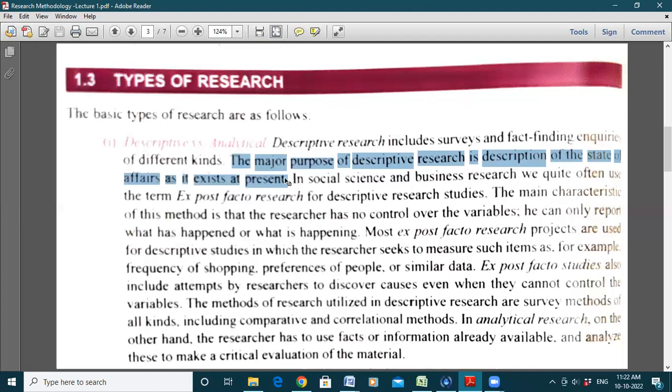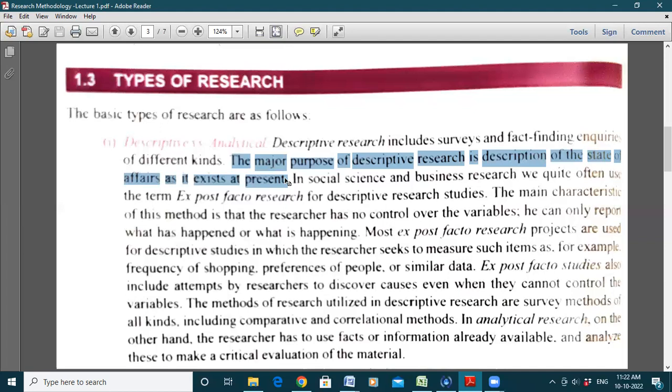Okay. In social science and business research, we quite often use the term ex post facto research for descriptive research studies. Social science का जो भी हो, या आप लोगों में से कोई भी बिजनेस स्कूल ऑफ बिजनेस से हो, पीएचडी कर रहे हो, तो आप लोग ये टर्म याद रख लेना.